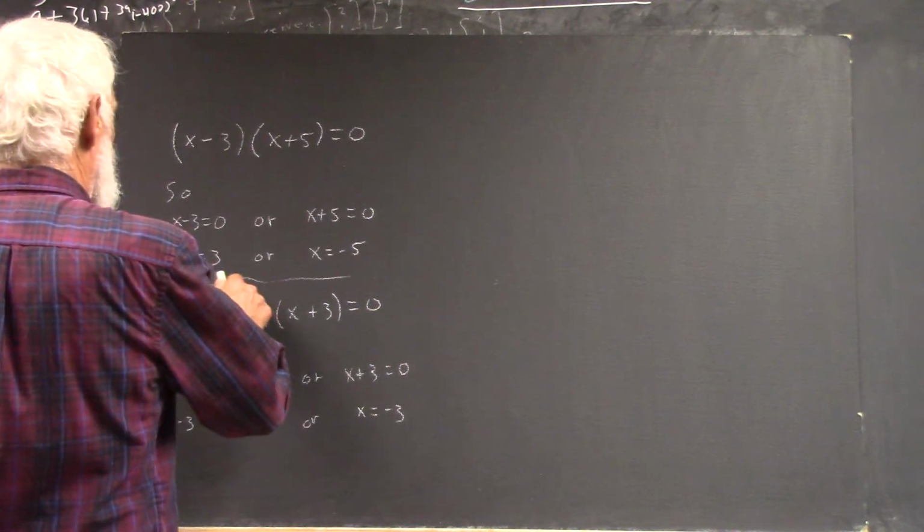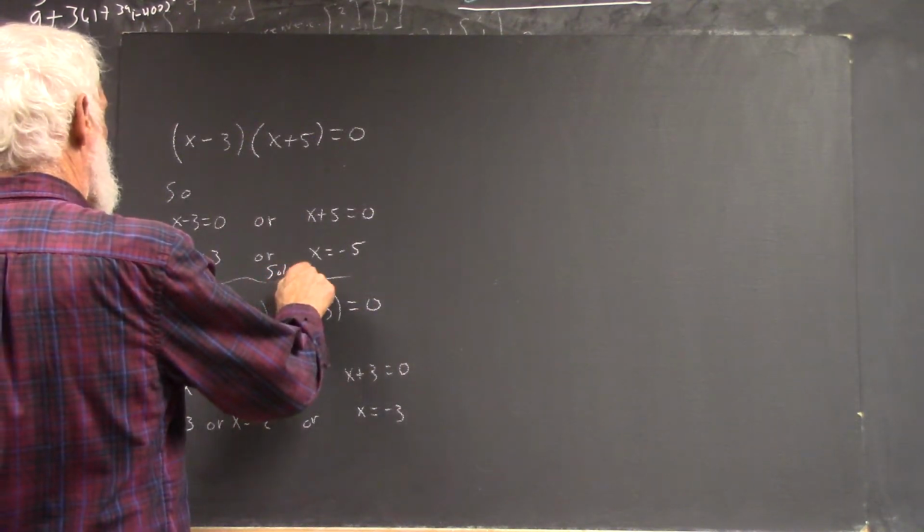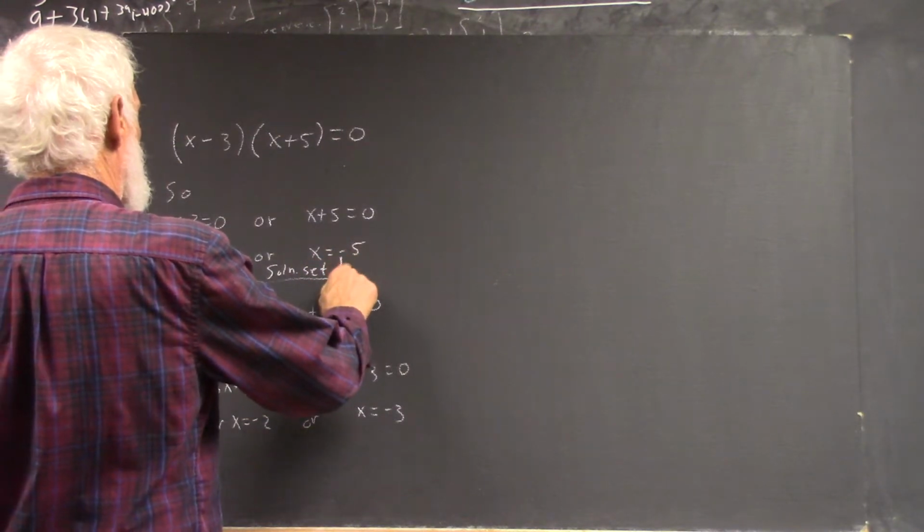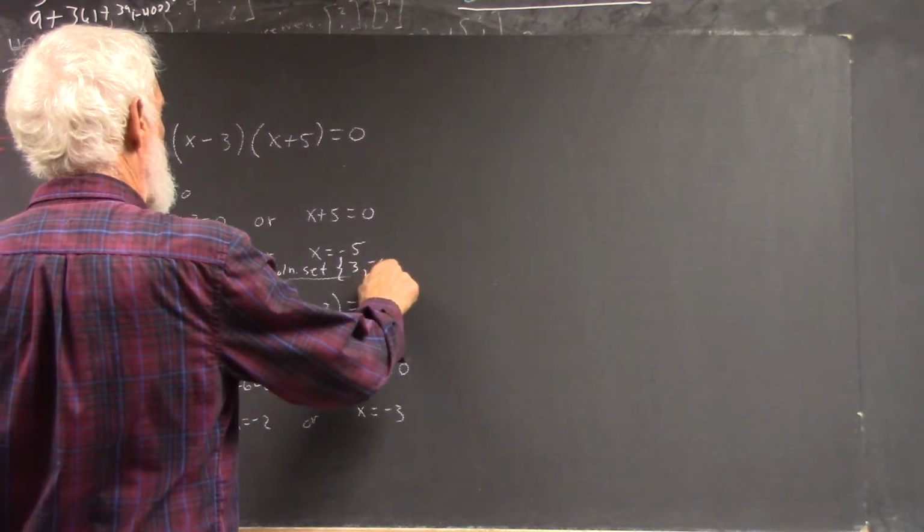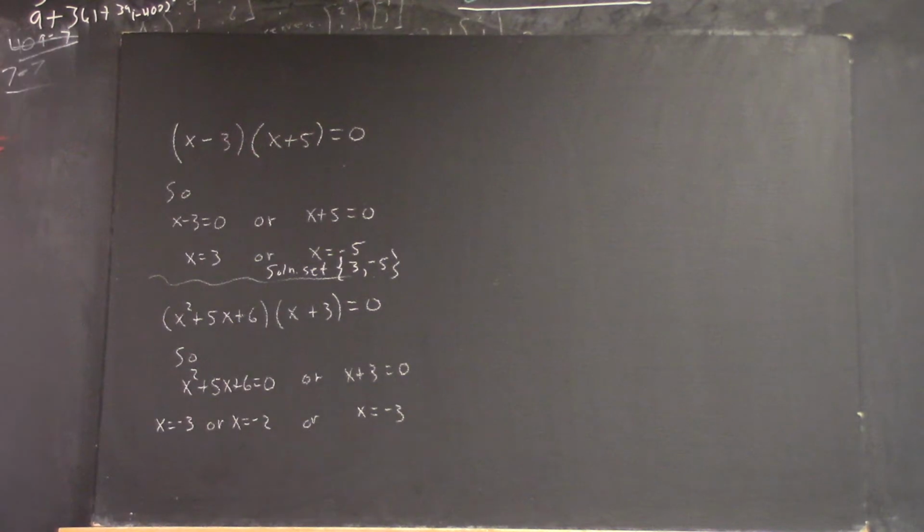Now, your solution set up here is 3, negative 5, right? What's your solution set down here?